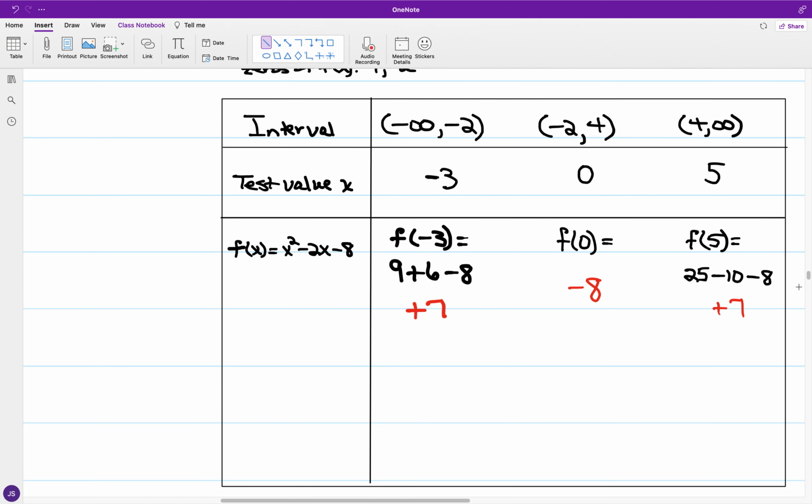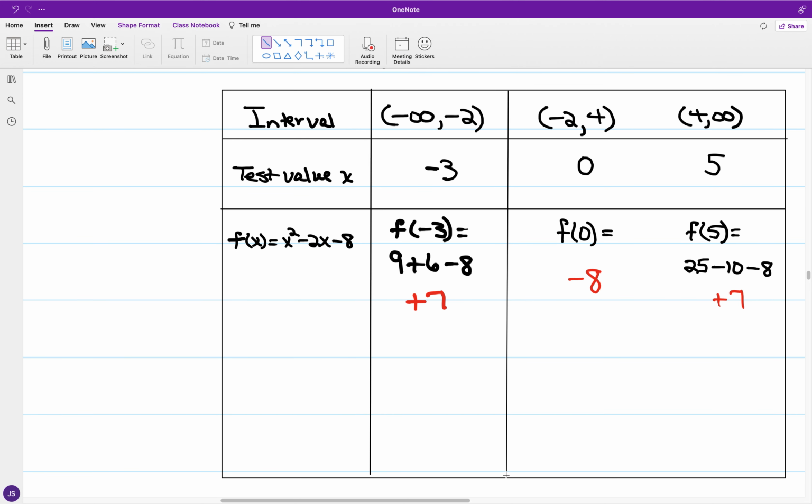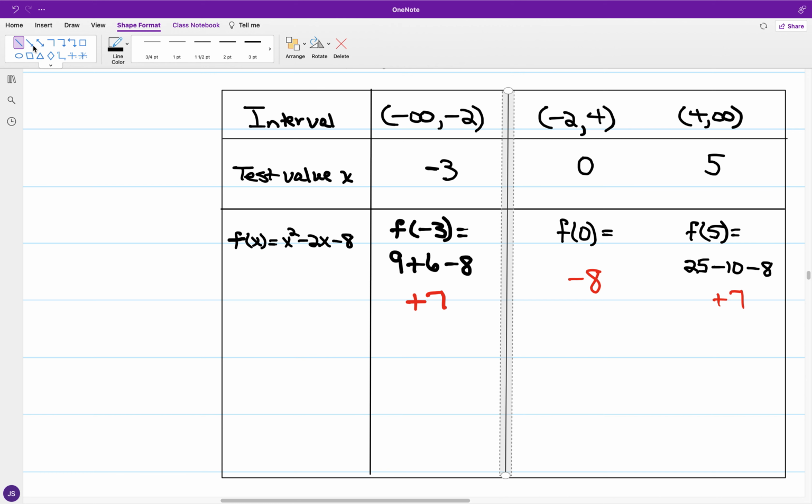Just looking at what we have now, the first interval section has the output positive, the middle was negative, and the last is positive.